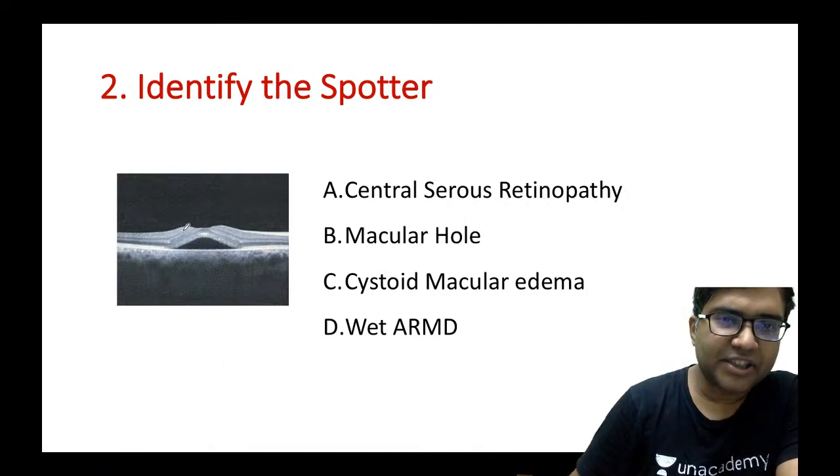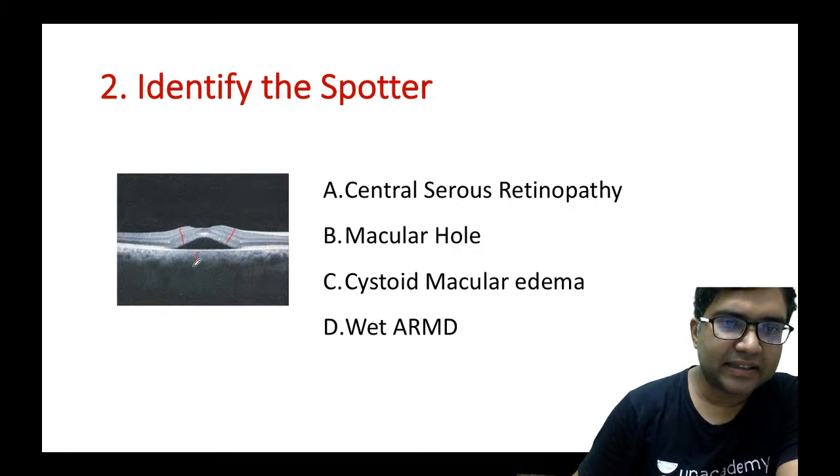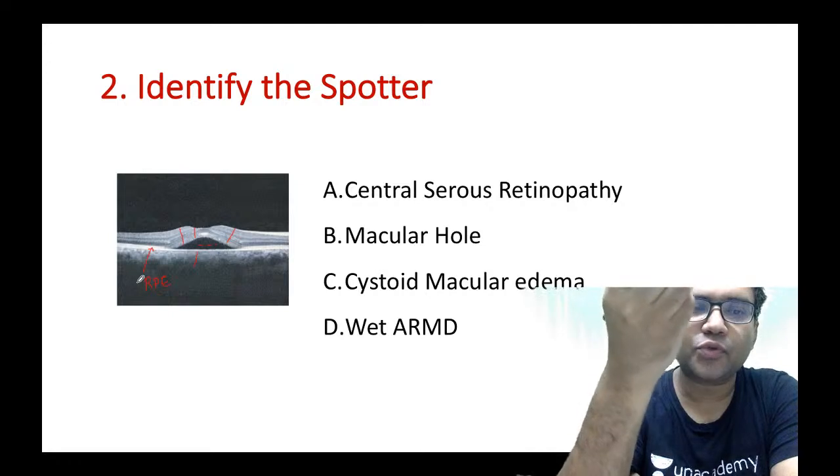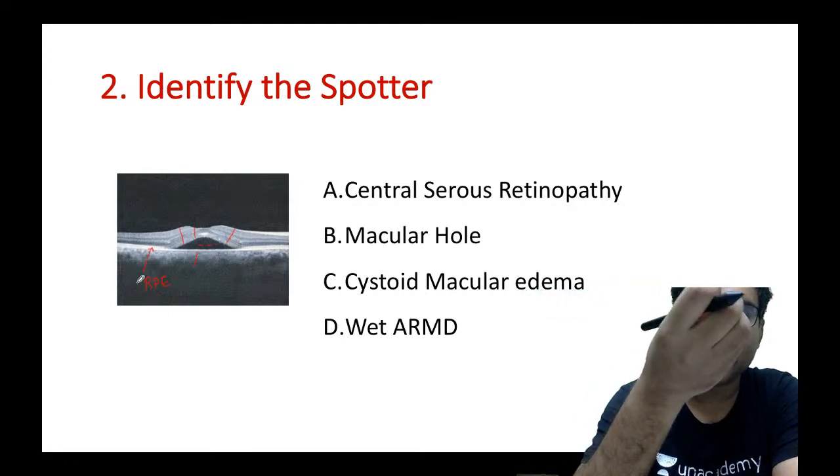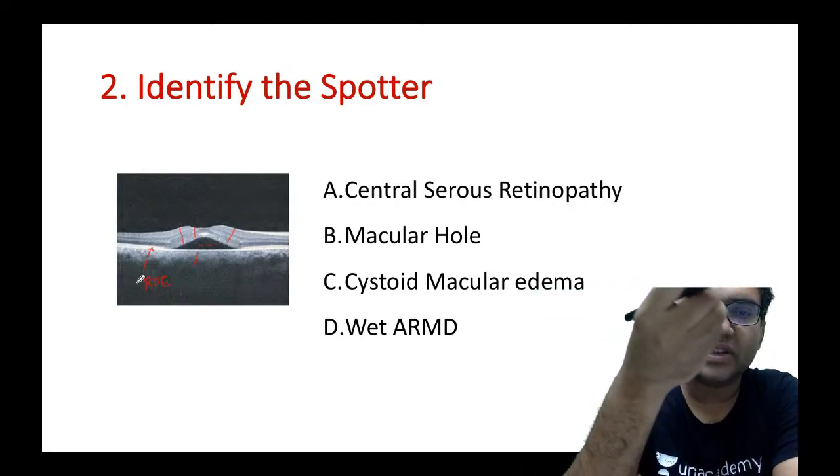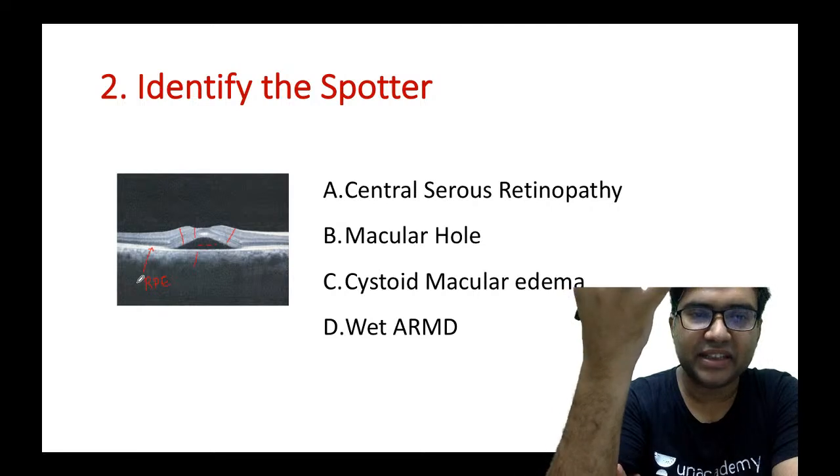If you can appreciate, the 9 layers are intact, but this is my 10th layer, that is the retinal pigment epithelium. Between the retinal pigment epithelium and the 9 layers, there is a fluid accumulation. A serous fluid accumulation detaches the 9 layers from the retinal pigment epithelium.